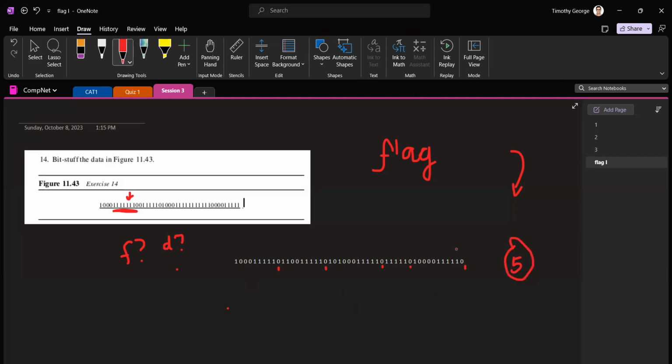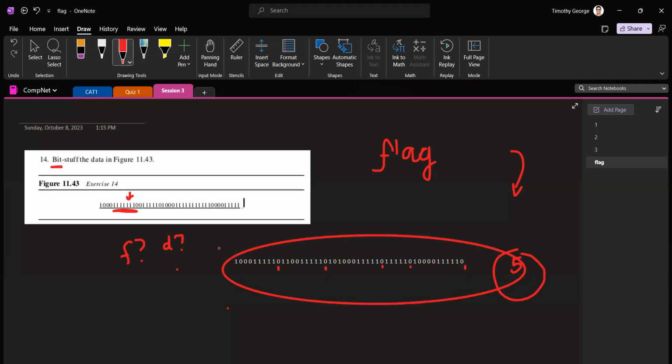Oh yeah, it's bit stuffing, not byte stuffing. A byte would be 8 bits. Each one of these is a single bit, not a byte. So 5 bits were stuffed into this data, and this is the answer for this question. Okay, that was question 4.